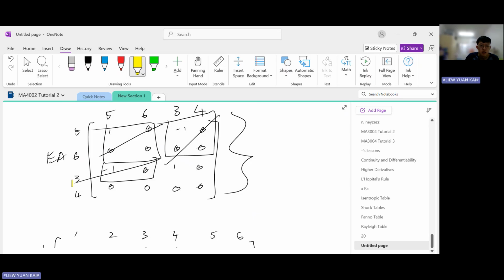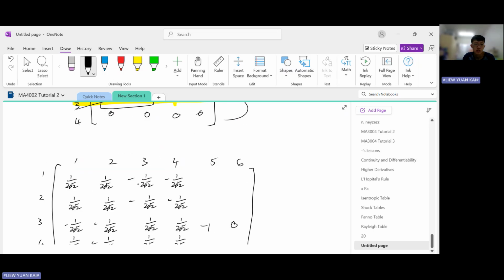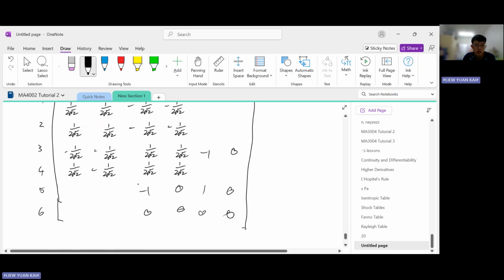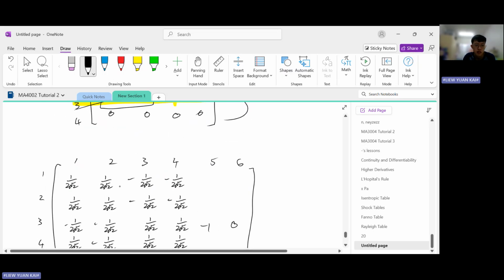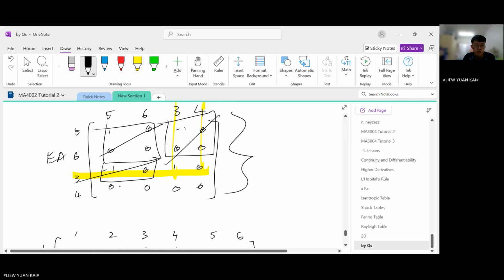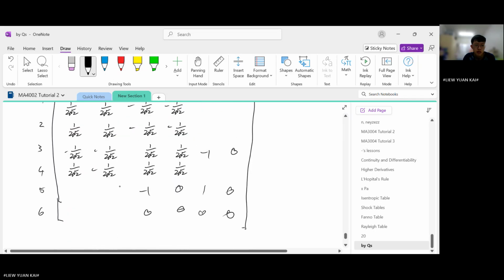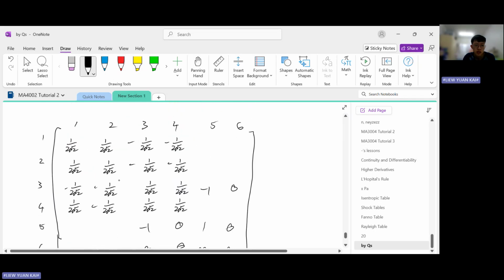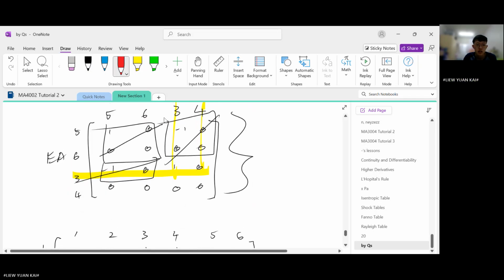The next one is row 3, column 3, column 4. Right, so this is 1, 0. Row 3, column 3, column 4. Okay, so column 3 means plus 1 here. Column 4 means plus 0 here. Okay, then what else?